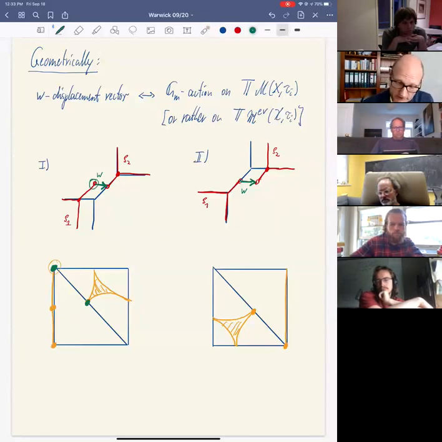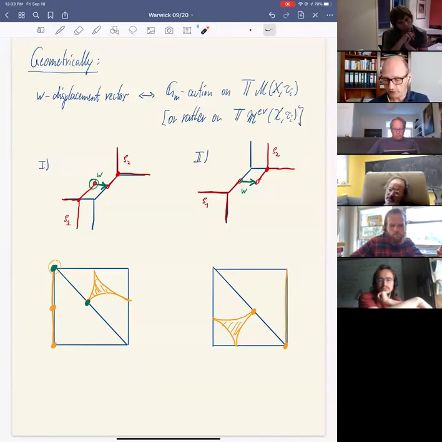And the G_m action that W specifies tells you that you move everything on this part over here. So that's the induced action. And similarly, you get something over on the other side. And what you get is that your glued moduli space is rationally equivalent to the union of strata depicted by these two pictures.